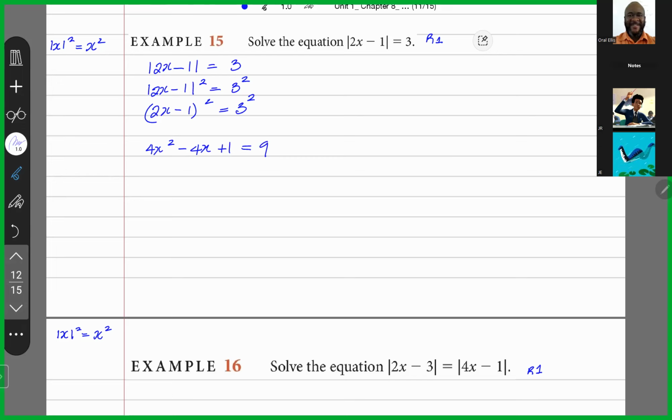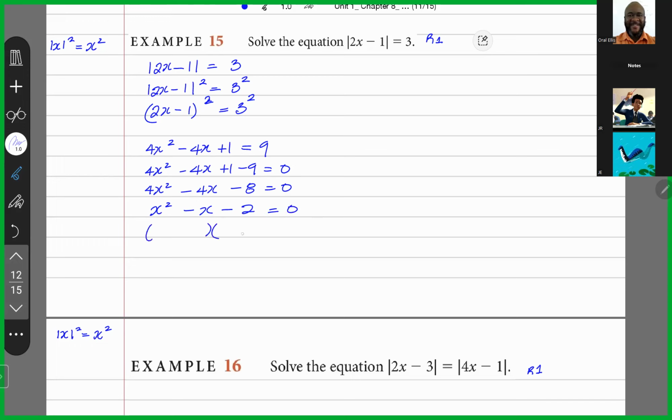Now this becomes a quadratic equation. Let's solve. We have 4x squared minus 4x plus 1 minus 9 is equal to 0, so 4x squared minus 4x minus 8 is equal to 0. Dividing the entire equation by 4, we get x squared minus x minus 2 is equal to 0.